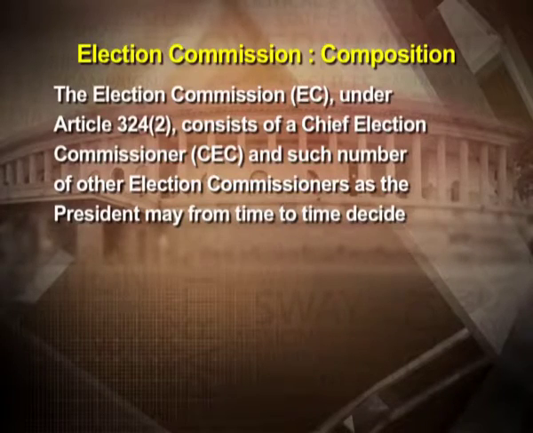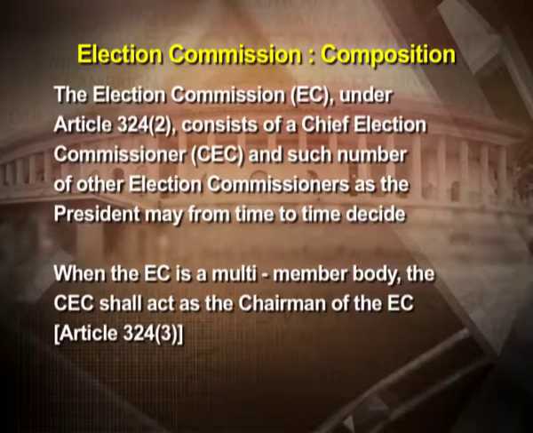So, what is the composition of the Election Commission? Article 324 clause 2 says that there must be a Chief Election Commissioner within the Election Commission and such number of other election commissioners as the President may from time to time decide. The number of commissioners may vary. Now, the Election Commission is a multi-member body; for a very long period it was a single member body, now it is a multi-member body.